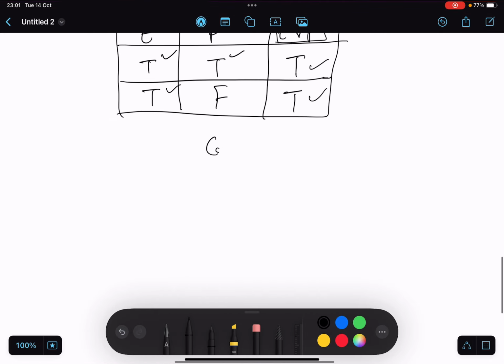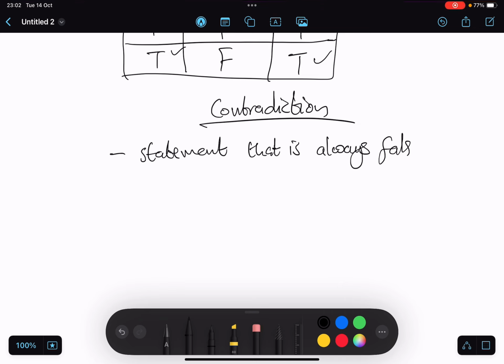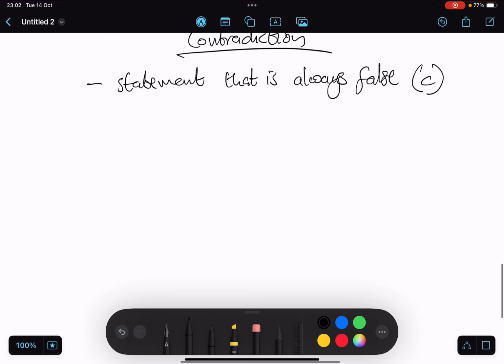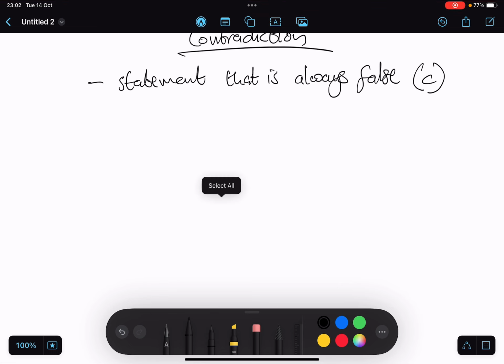Now let's look at another principle, which is contradiction. What is contradiction? Contradiction is a statement that is always false. We can represent it using small letter C. For example, let's make an example of a statement that is always false.